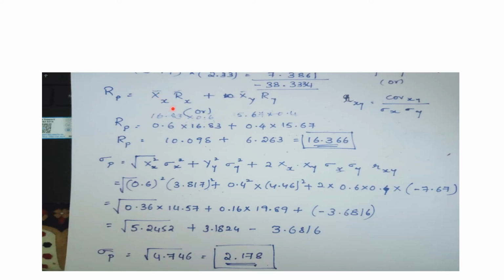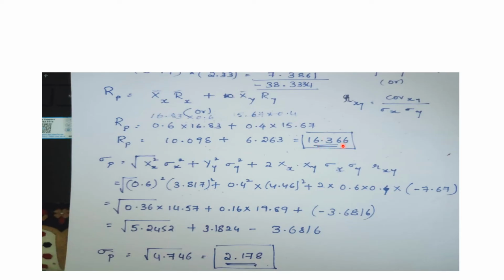So you have to find out the risk and return based on the 60% of return of x and 40% of return on y. So substitute the values here. 60% means it is 60 by 100, that is 0.6 into Rx what we have found out, that is 16.83. Then x bar y, that is 40% means 0.4 into Ry, that is 15.67. So by doing this calculation, we are going to get it as 16.366.